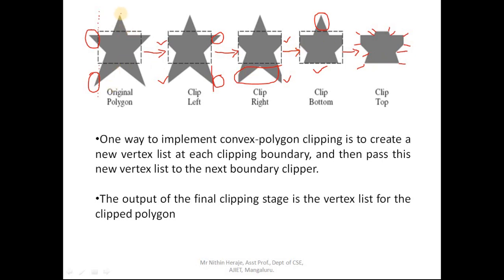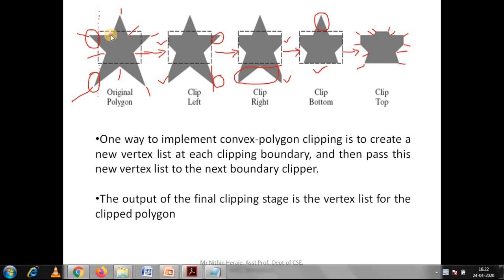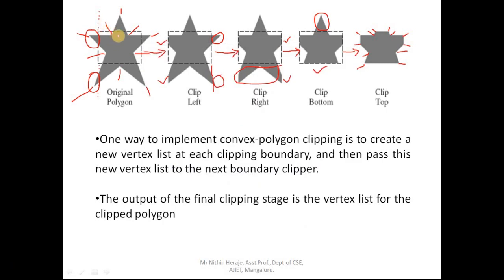Meanwhile, if you look at the original polygon, we'll see how many vertices it had: 1, 2, 3, 4, 5, 6, 7, 8, 9, and 10. So 10 vertices for the original polygon, and after clipping you will have 12 vertices. So these are the 12 new vertices. Fine. So next we'll see the demonstration of how the clipping will happen.